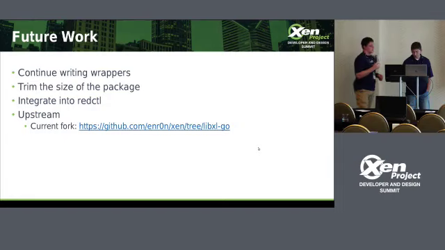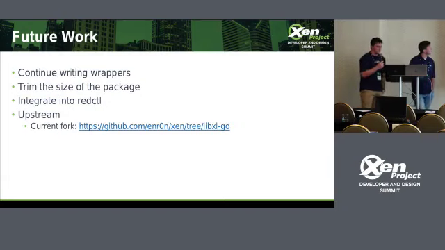And finally, for some future work on the Go package, I want to continue writing wrappers to cover what we have generated so far. And we want to trim the size of the package because some of the APIs in the C code just do not necessarily make sense for Go.